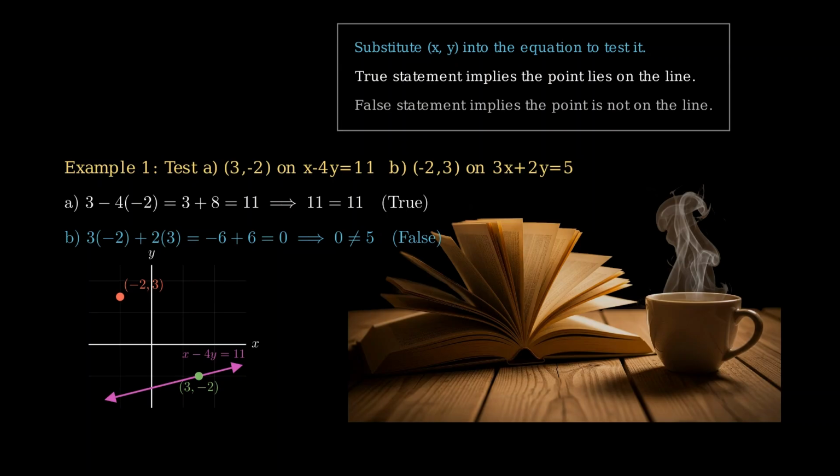For b, we substitute -2 for x and 3 for y into 3x plus 2y equals 5. This gives -6 plus 6 equals 0. Since 0 does not equal 5, it is a false statement, meaning the point -2, 3 does not lie on the graph.